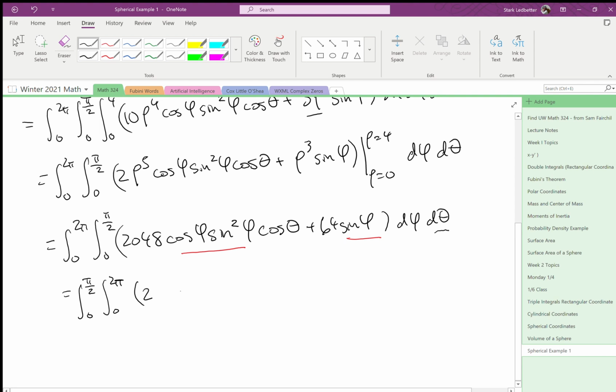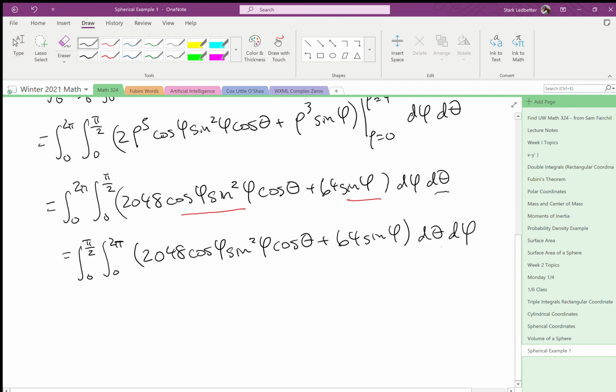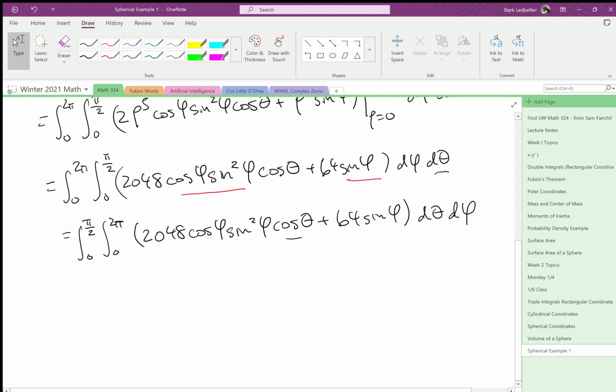Okay, I get 2048 cosine phi sine squared phi cosine theta plus 64 sine phi, and I'm just going to switch the order of integration, d theta, d phi. Now, okay, this is easy, so let's do that first.